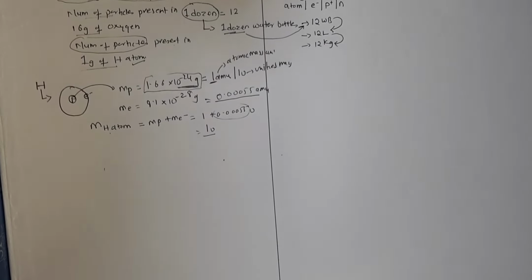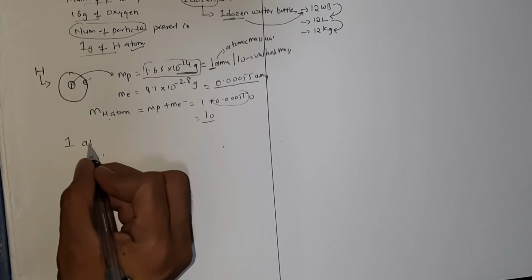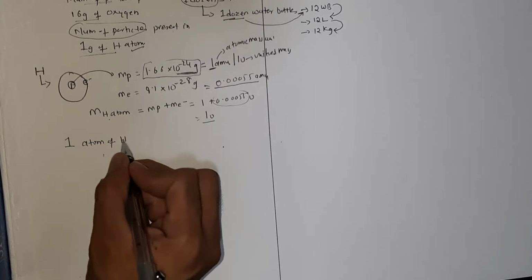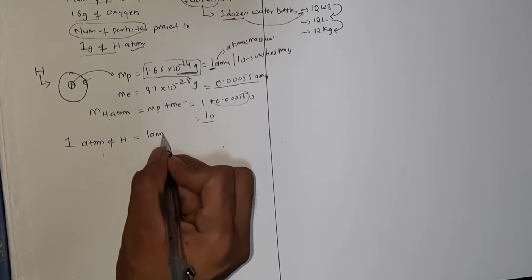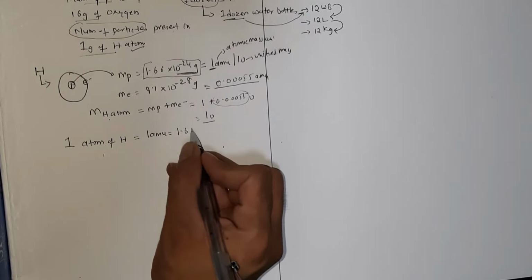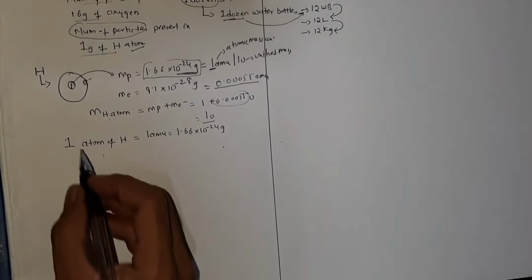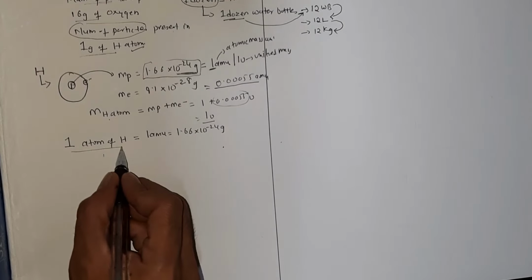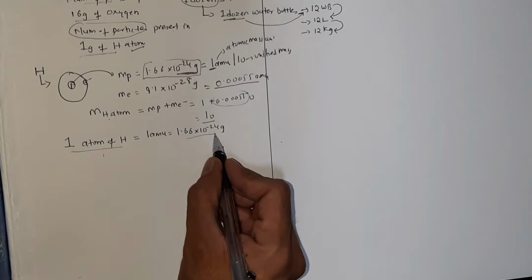So 1 atom of hydrogen is equal to 1 U, 1 AMU, which is equal to 1.66 into 10 raised to minus 24 gram.